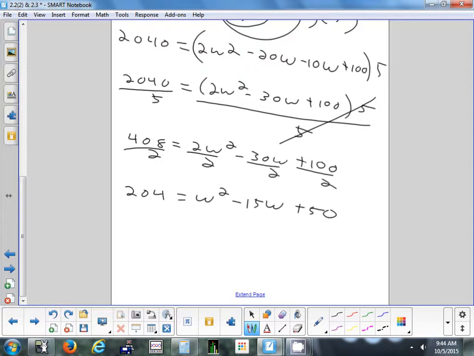And my last step, if I'm going to graph it, I want it equal to what number? 0. So we'll bring 204 to the other side. If we did it the way Eric said, we wouldn't have had to take out the 2, right? Yeah, it might have been a little bit different. So let's bring that over and then just graph it and see what we get.